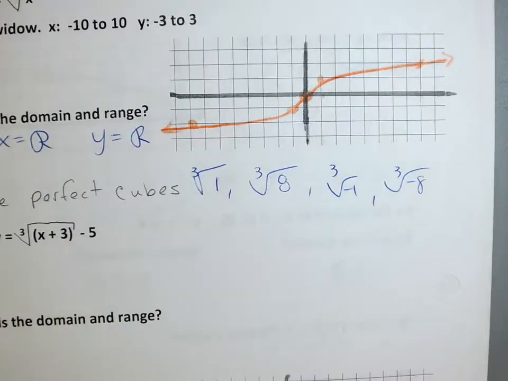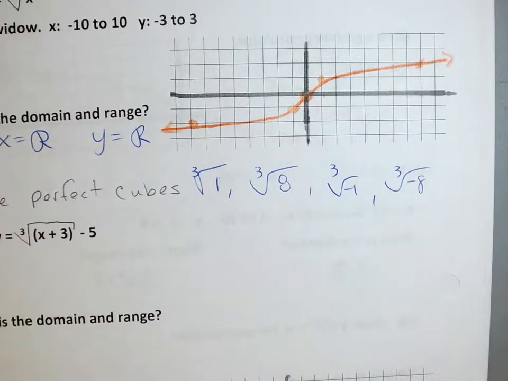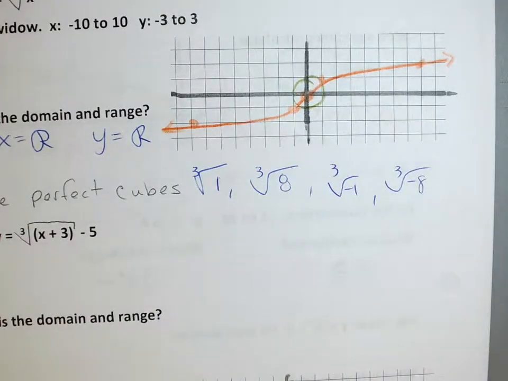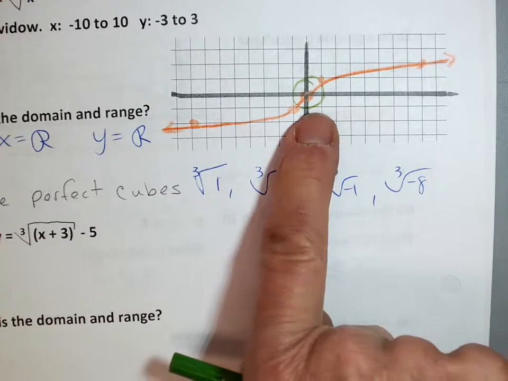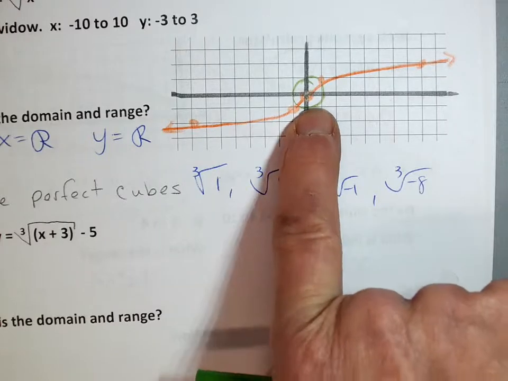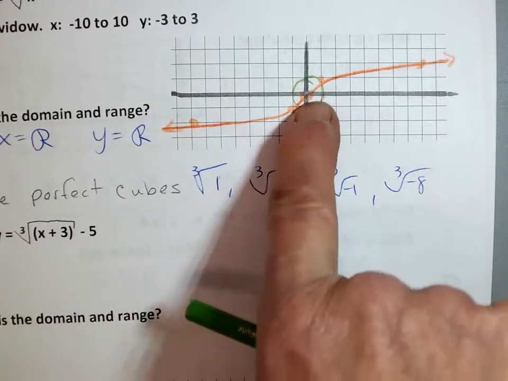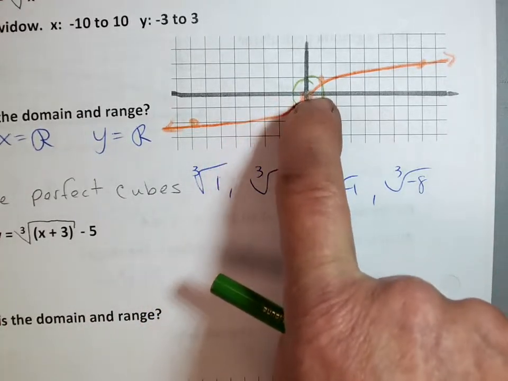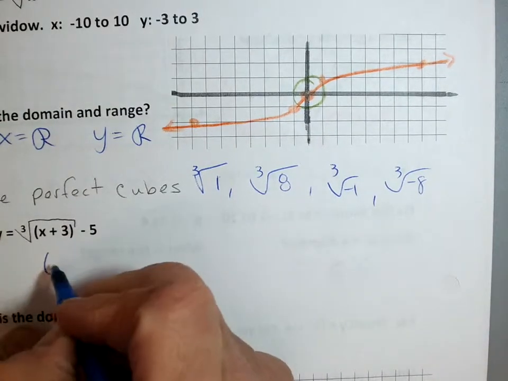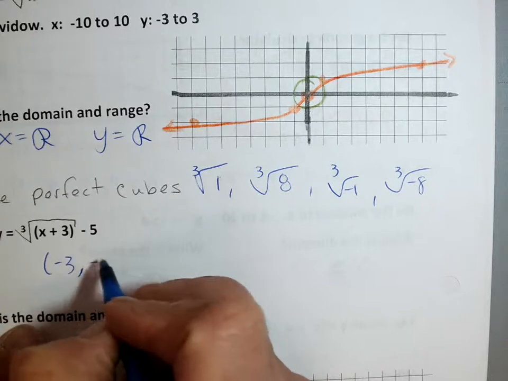Okay, now, what we have right here, everybody watching? Everybody watch. Right here, it's not a vertex. It's not an endpoint, but it's what we call an inflection point. And we've talked about that before. This is like an inflection point. So this is the point I want to move. I want to move the inflection point to -3, -5, right?